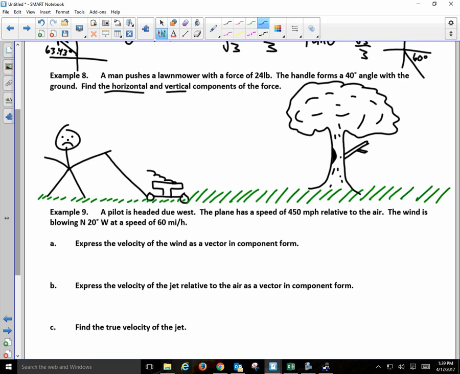So, 24 pounds of force. And you can see that it forms a 40-degree angle with the ground. So I need to come up with a horizontal component and a vertical component.